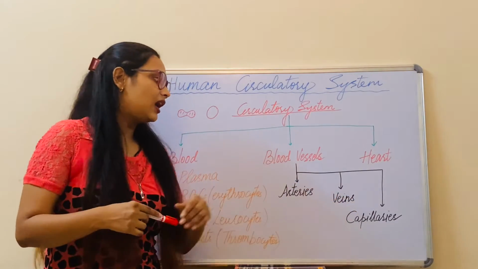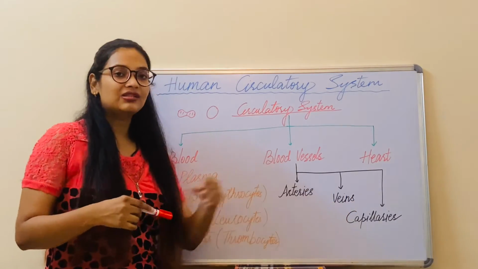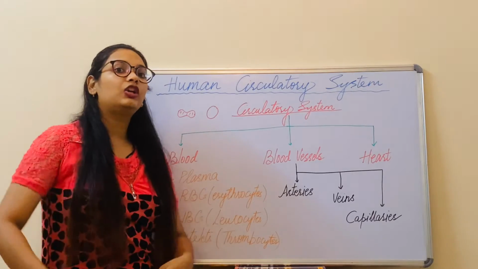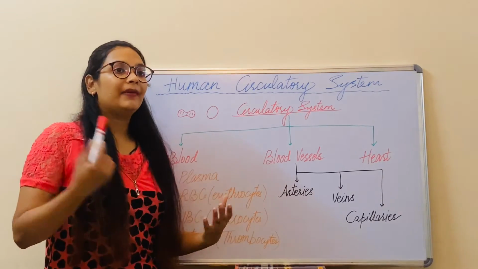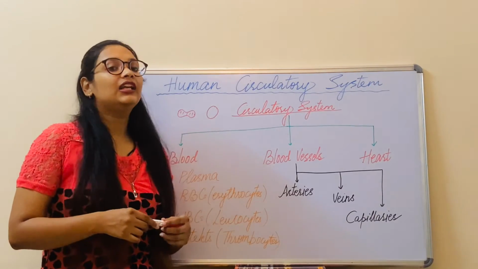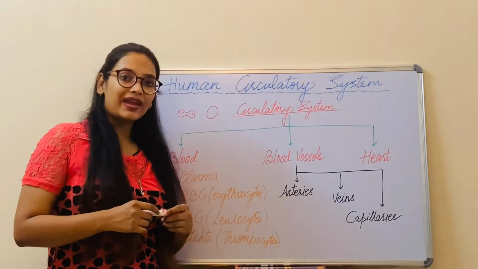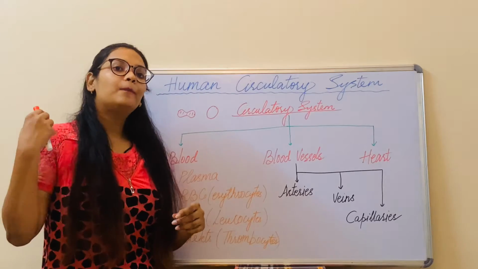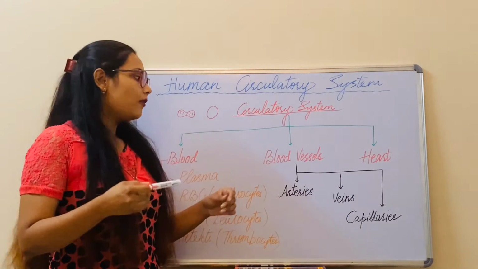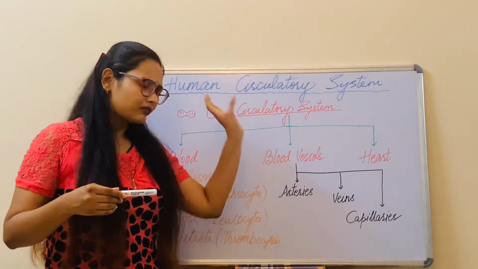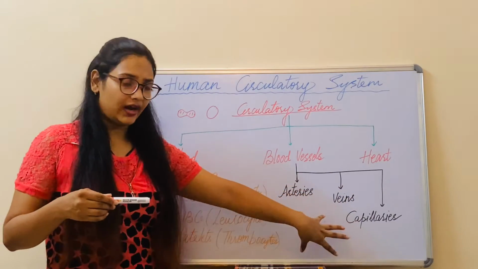The veins are the vessels which actually take the blood towards the heart, and mainly they carry deoxygenated blood. However, with an exception of the pulmonary vein, which carries oxygenated blood from the lungs to the heart.